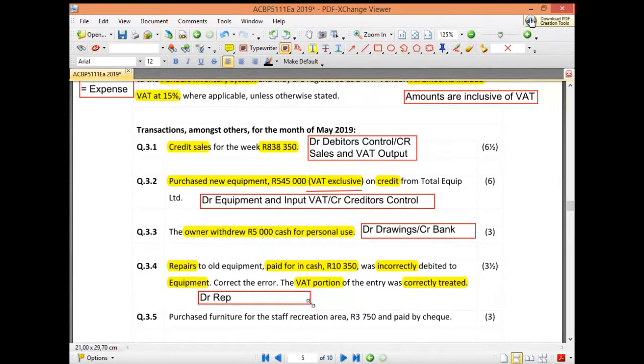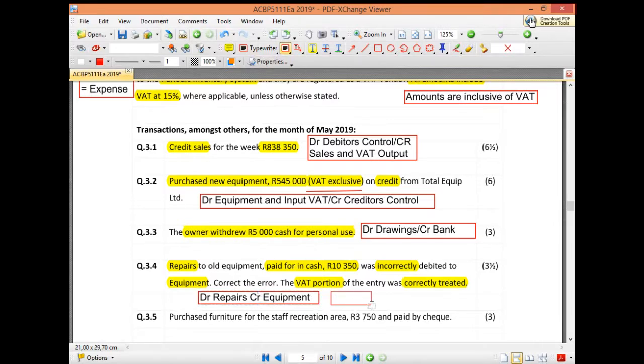So this is just to correct the account name. So we would debit your repairs account and we would credit your equipment account just to reflect it in the correct category. Now, because the VAT portion was correctly treated, we do not need to take VAT into consideration at all. Okay.